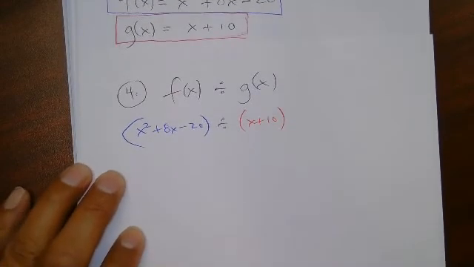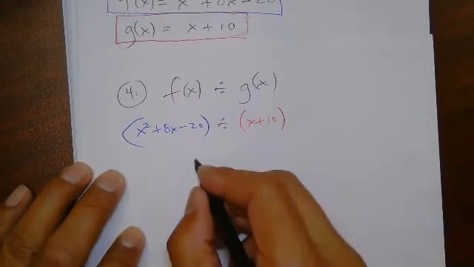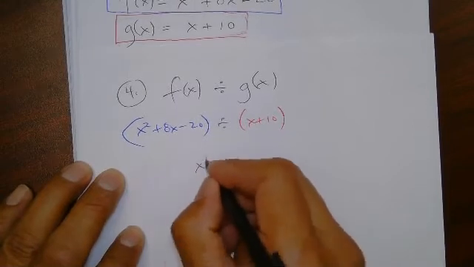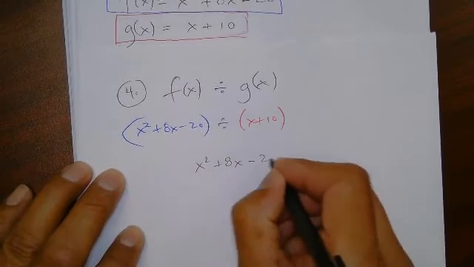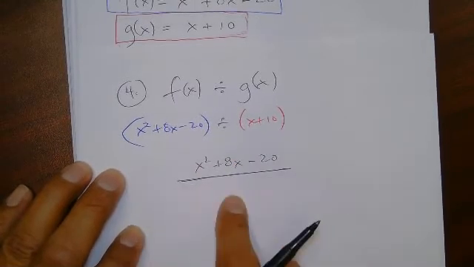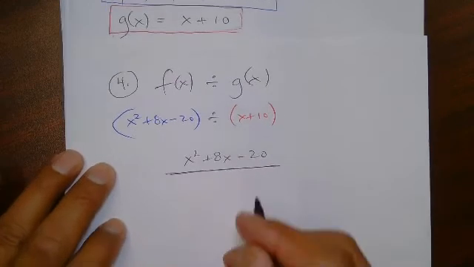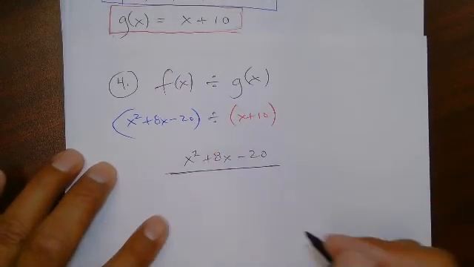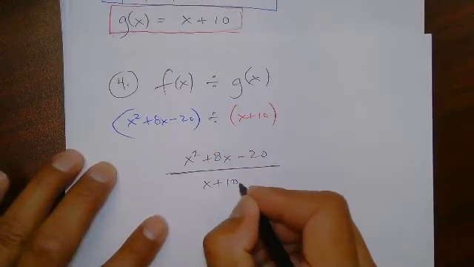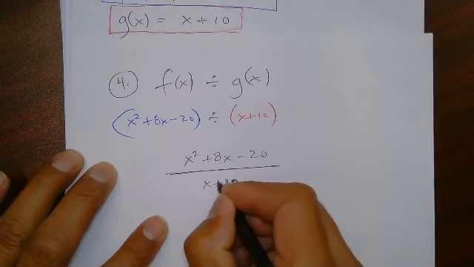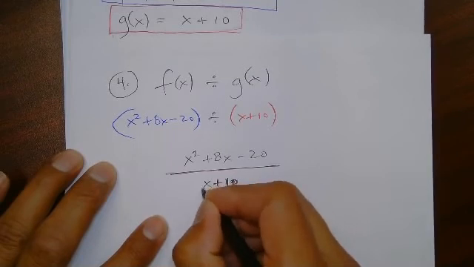But you really want to work it out and set it up this way. Like this. x squared plus 8x minus 20 divided by, put it over x plus 10. Make it look like a rational expression, they call this a rational expression. Don't let all this vocabulary throw you off.